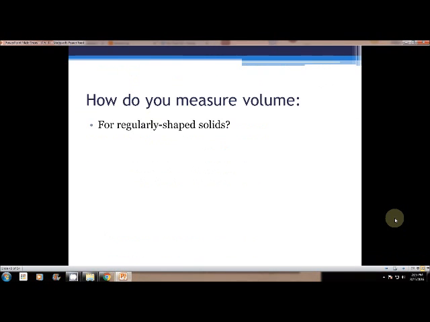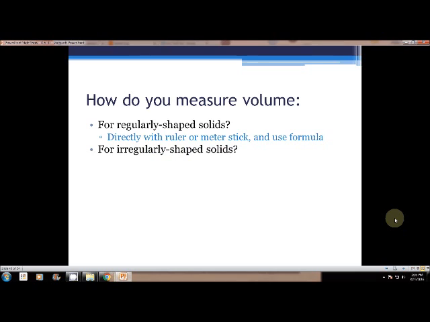To measure the volume, there's a couple different things. A regular shaped solid would be like a block of wood or a sphere, something regularly shaped. We can measure with a ruler or a meter stick or a tape measure and then use a formula from our measurements to figure out the volume for a regularly shaped solid. But something like a pen or a test tube, something that's solid but not really regularly shaped, is going to be kind of hard to take measurements of with a ruler or a meter stick.